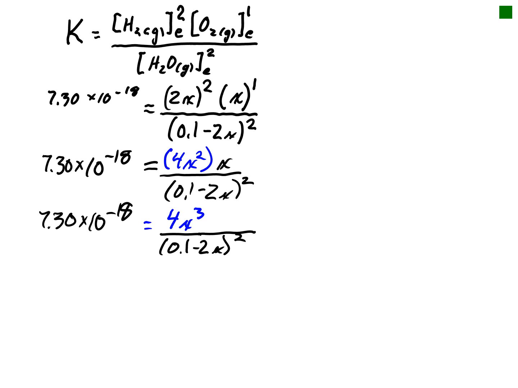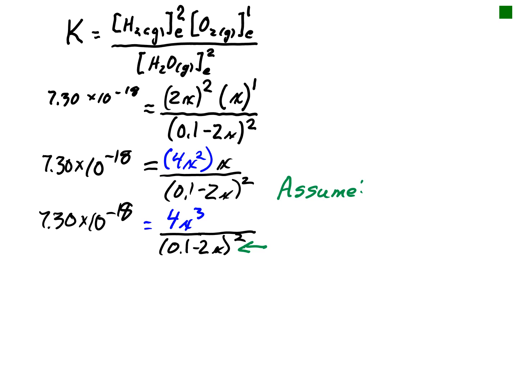And this is the point in time where the pure mathematicians really don't like me, because what I'm going to do is make an assumption. Assume. What am I going to assume? Well, I'm going to look over here at this expression, and I'm going to say, because the value of K is really small, we're not going to use up a lot of water. The value of x is going to be really tiny.